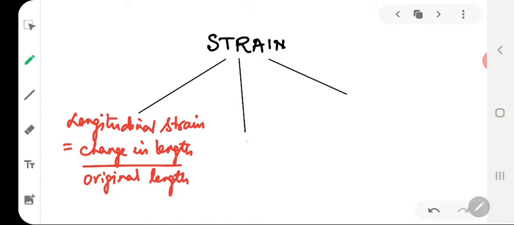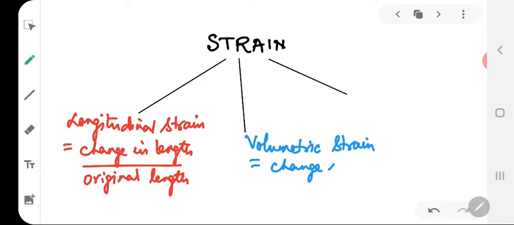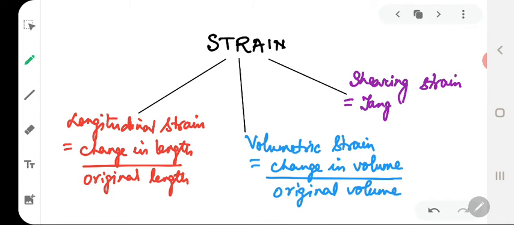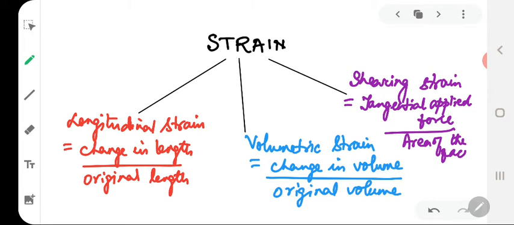We can have volumetric strain, which is equal to change in volume divided by original volume, and then we can have shearing strain, that is equal to tangential applied force divided by area of the face.